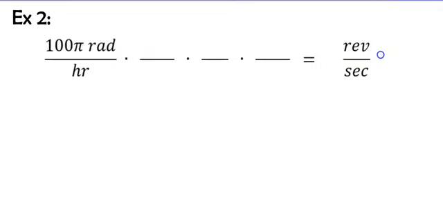All right, example 2. And these ones are kind of nice because it tells you how many steps there are. So this time we're going to have 3 different conversion factors to get from where we're starting, which is 100 pi radians per hour, into revolutions per second. Okay? I tend to do time first.